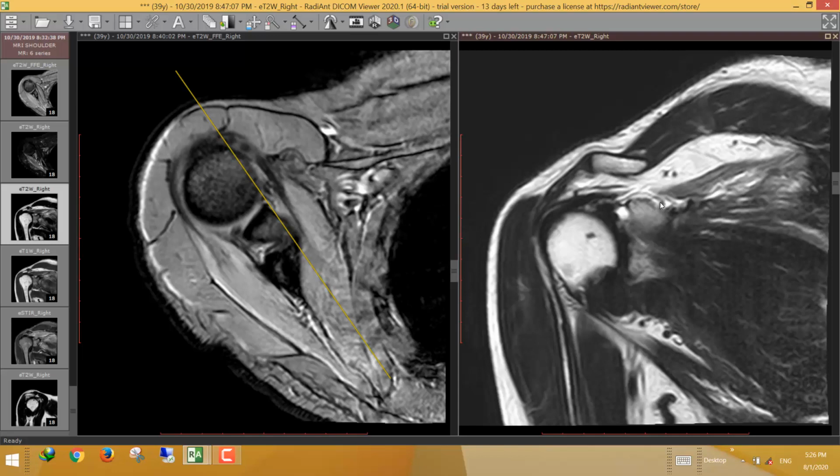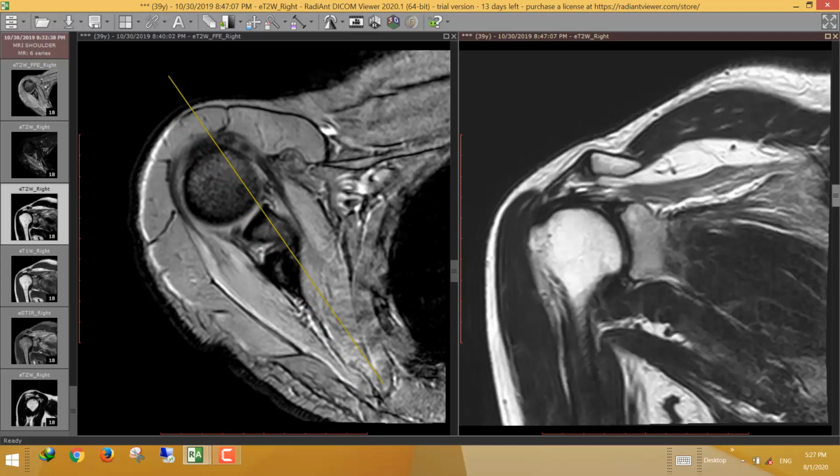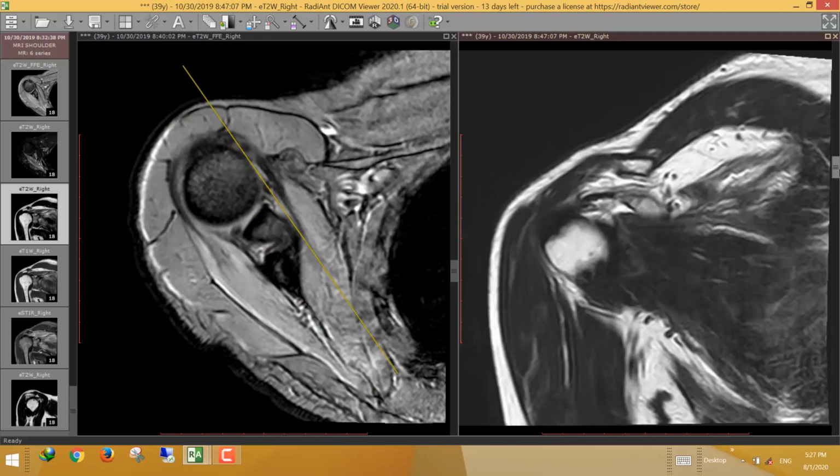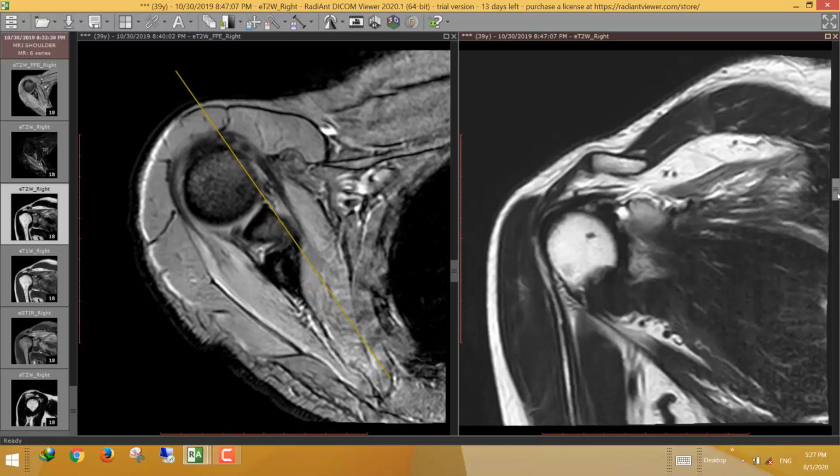This is the other important site for compression of the suprascapular nerve. You should look at the suprascapular notch and the spinoglenoid notch; these two sites are important for compression of the suprascapular nerve. Here we can see there are no mass lesions occupying either site.